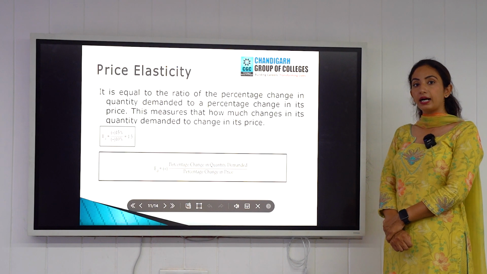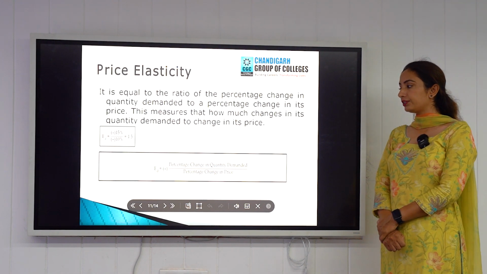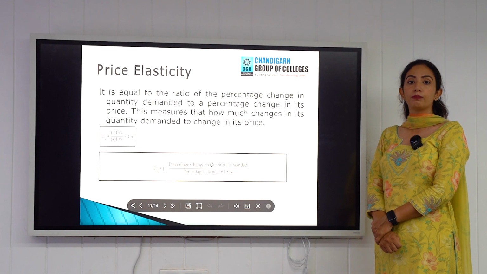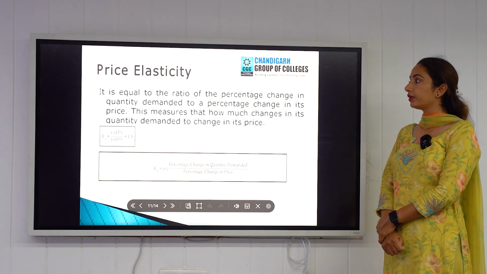So we are getting an idea from the equation itself: percentage change in quantity demanded due to percentage change in price of the commodity. That's why the term is price elasticity of demand.